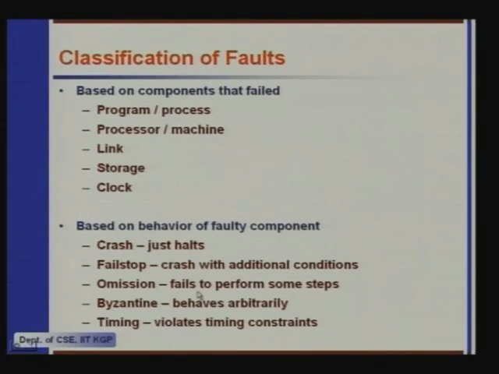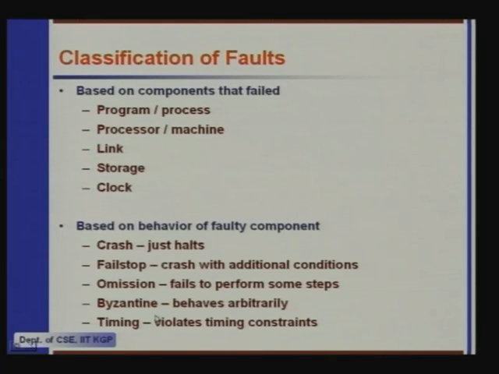Omission is where the faulty component fails to perform some steps. Otherwise, whatever it does is not invalid, but it exhibits incomplete behavior, that is, it does not demonstrate the complete behavior that is necessary for the component.